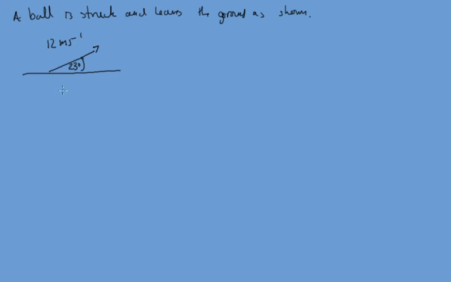So as the ball leaves the ground, it's actually been given a vertical and a horizontal component of velocity. So the first part is to calculate the horizontal and vertical components of velocity.